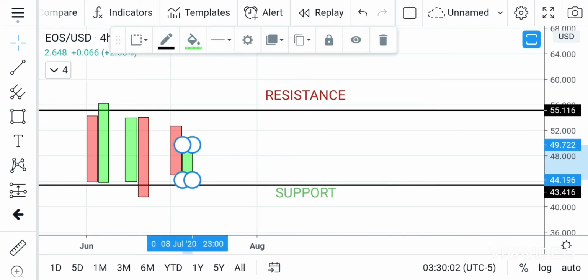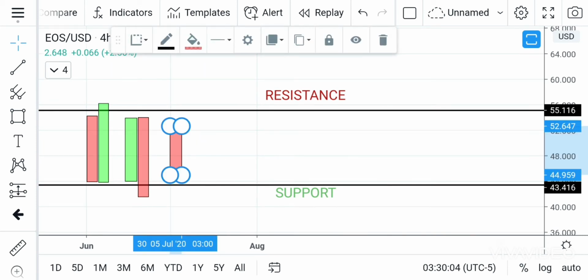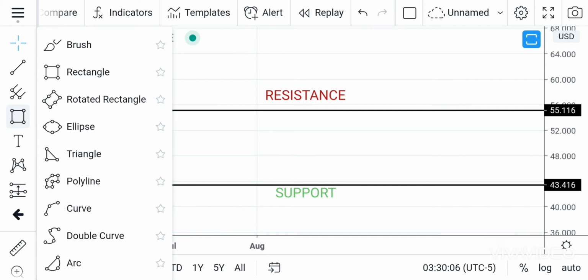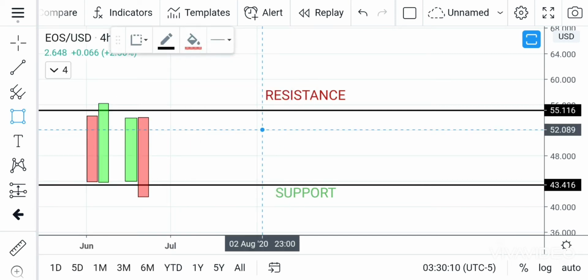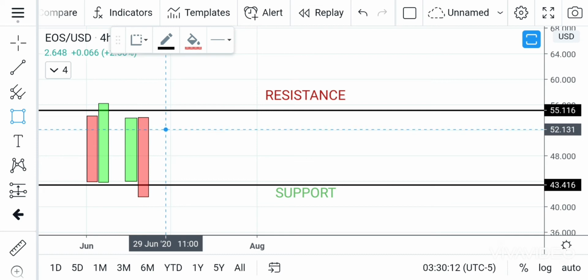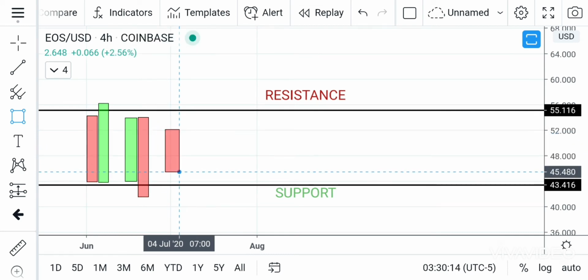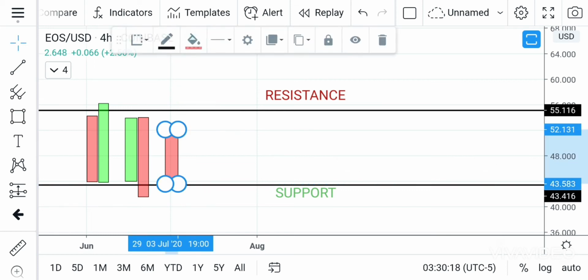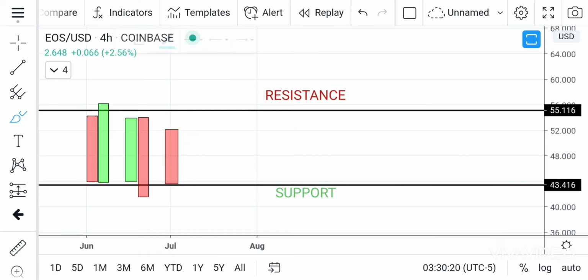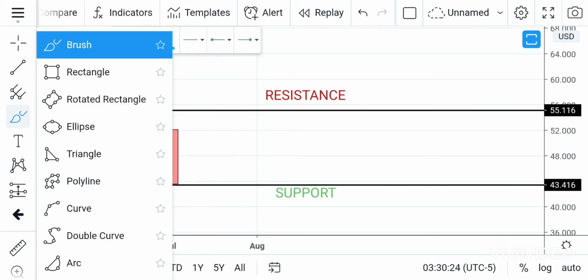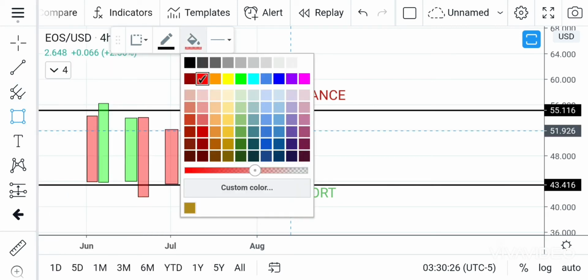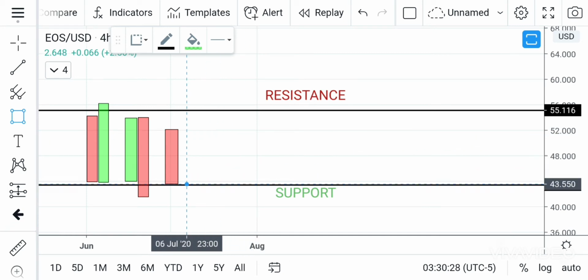Let me do it again. First of all, for the piercing pattern, you have sellers pushing the price down. Then a buyer steps in and starts pushing the price back up.